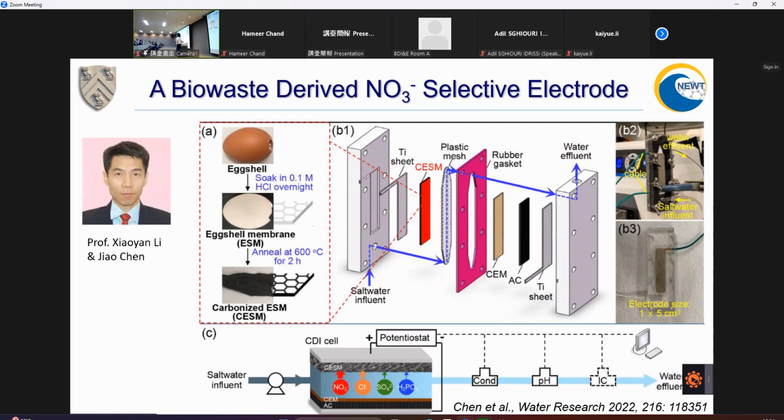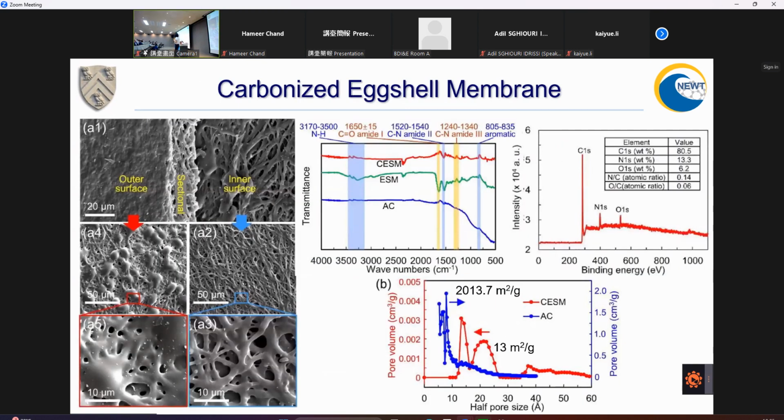And we carbonized that eggshell membrane, and we directly utilize this eggshell membrane as an electrode. And of course, there's a reason why, and you will see later. We use this electrode in the CDI process and look at nitrate removal. So here are some SEM images of the carbonized eggshell membranes.